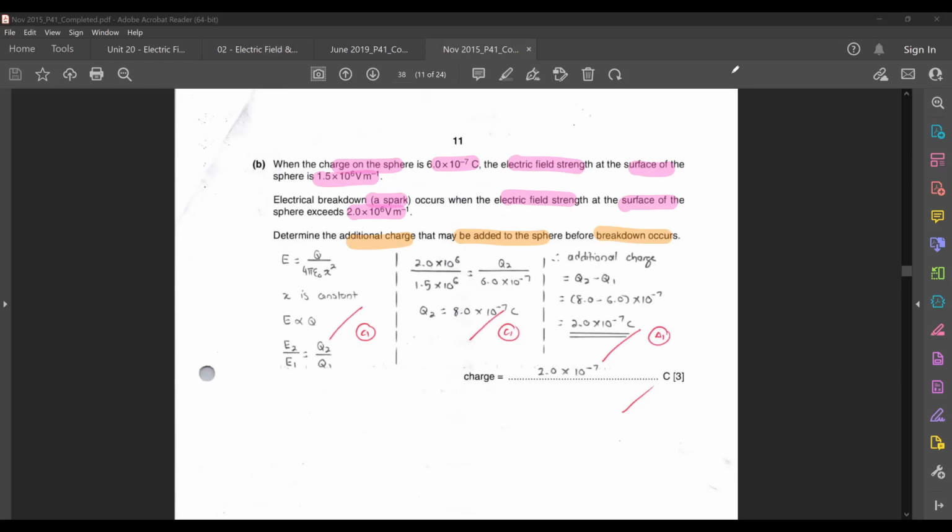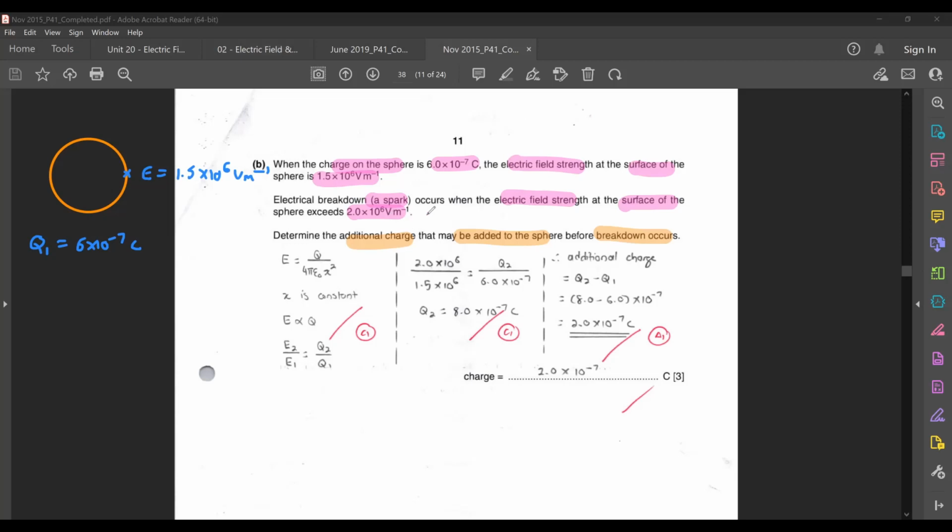Okay, so what they basically describe for you is this. Your charged sphere initially carries a charge of 6 times 10 power minus 7 coulomb. Let's call this Q1. And then the electric field strength at the surface is 1.5 times 10 power 6 volt per meter.